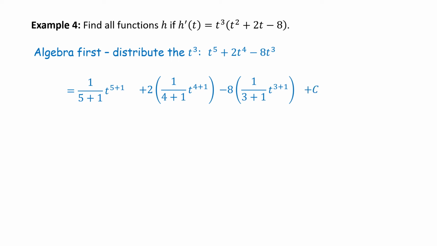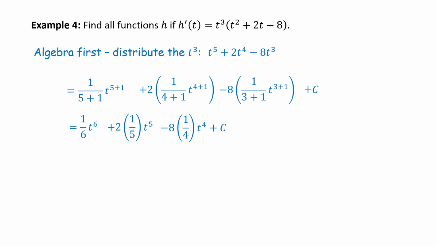Let's proceed with the arithmetic. 1 over 5 plus 1, we can write that as 1/6, and then t to the power of 6. Now we'll go plus 2, and then 1 over 4 plus 1 is 1/5, and t to the power of 5. Then we'll have the minus 8. 1 over 3 plus 1, that makes it 4, so 1/4 t to the power of 4 plus c.